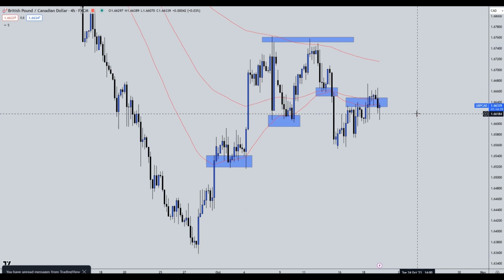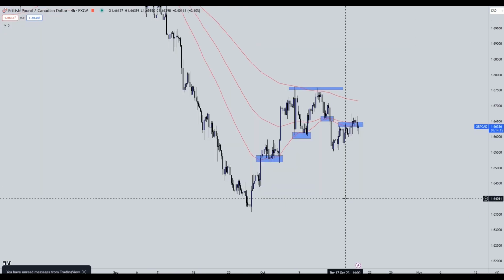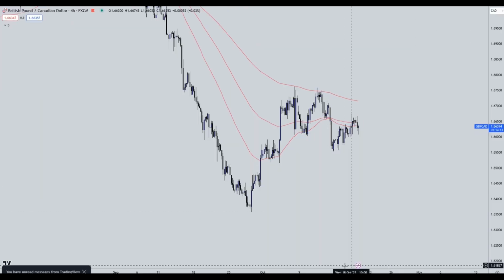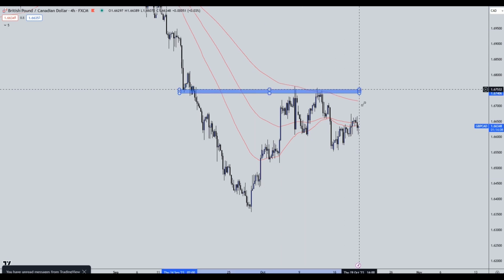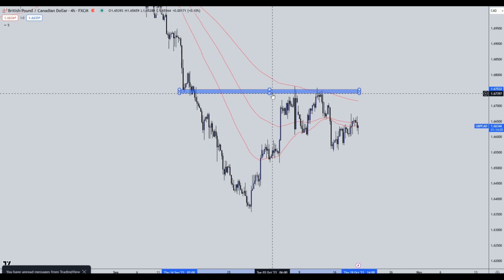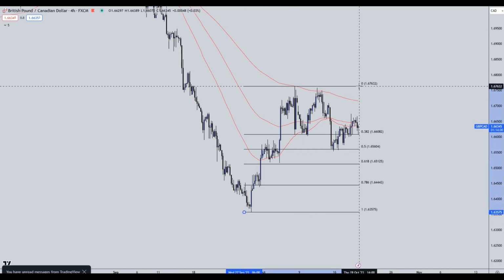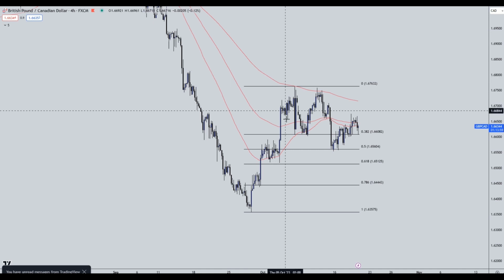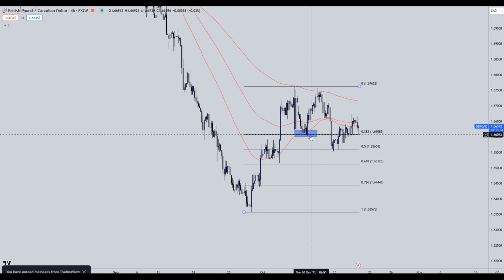So all that the EMAs are going to be used for is an extra reason to trade the market, okay? For example, here you might say I've got a break and retest of the market with the EMA. Great, that's absolutely fine. You might say, from here, if price pulls back, I've got a 38 Fibonacci, and I've also got an EMA there, so I want to buy.